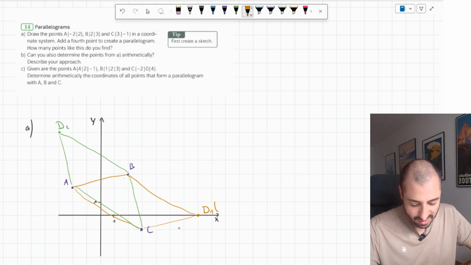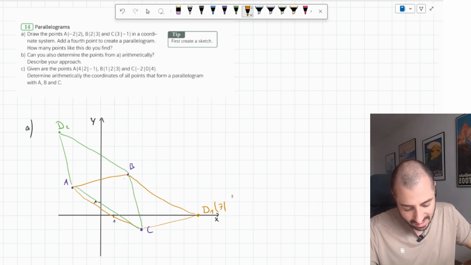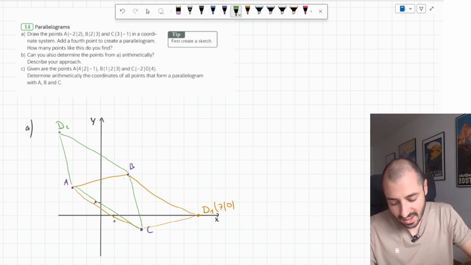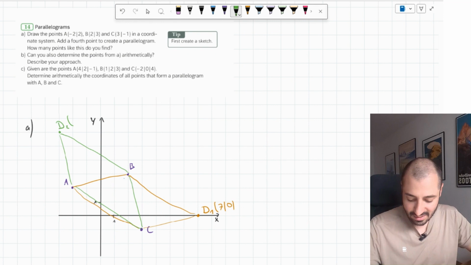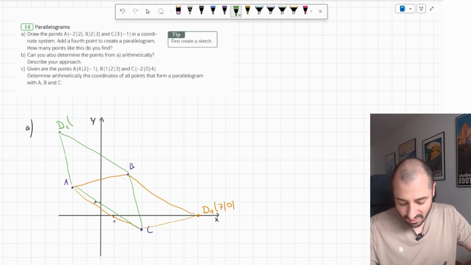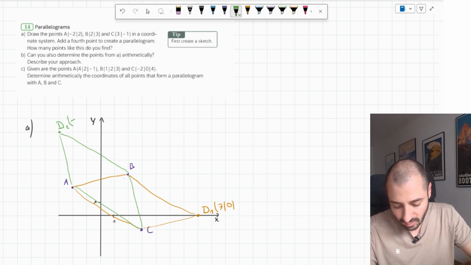D1 has coordinates (7, 0). And D2 has the coordinates (-3, 6).